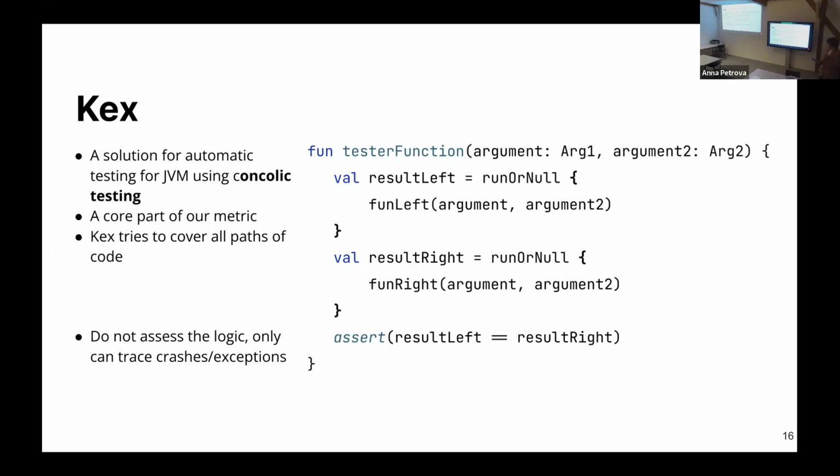So it's possible to just restrict Kex by timeout, and it could generate some corner cases and so on. But we haven't tried it because we were not optimizing the runtime of semantic metrics. We were trying to utilize syntactic metrics. Okay, thank you.